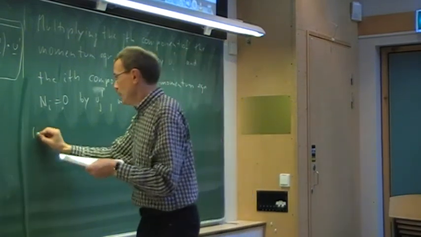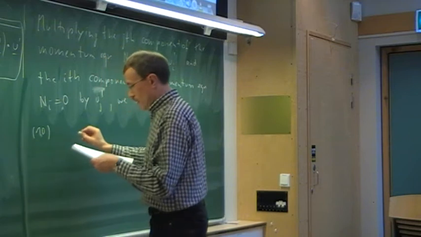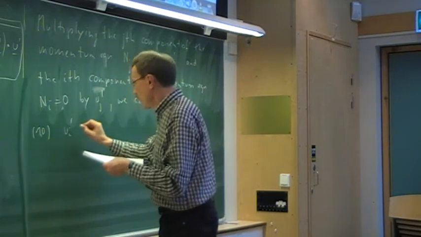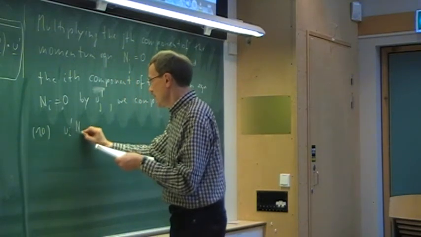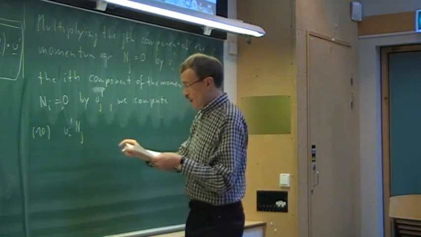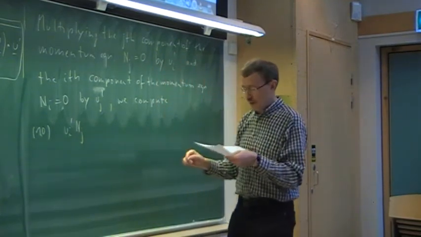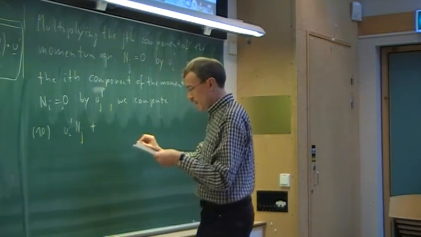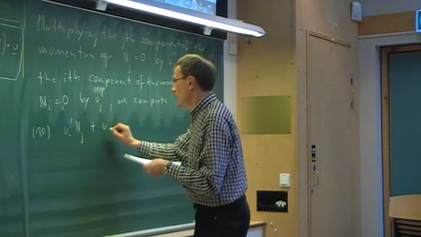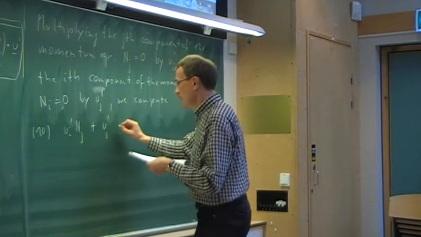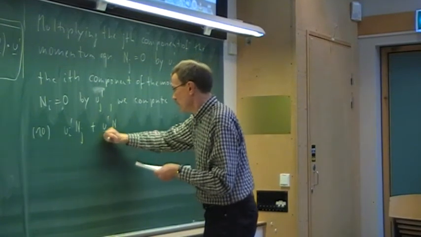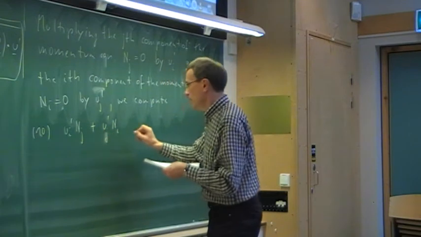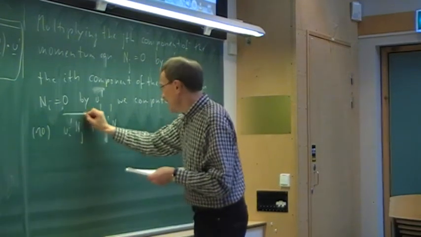That is, we compute then the following, that we have the u_i prime times the n_j, where we have also inserted then the Reynolds ansatz for the velocity vector and the pressure. And here we have the u_j prime n_i, and then we take the average of that.